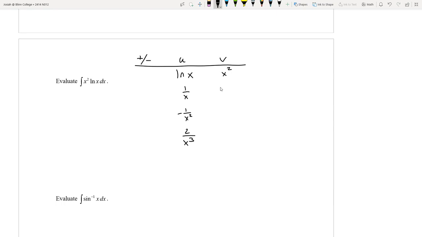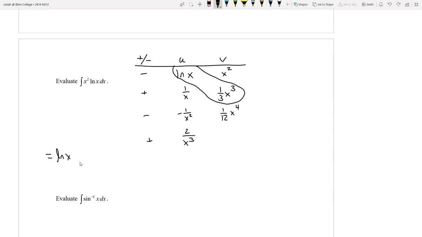On the other hand, here we have dv, so we'll go ahead and take some integrals. And we'll just see how this works here. So we start out with this guy here. So natural log of x times 1/3 x to the third.